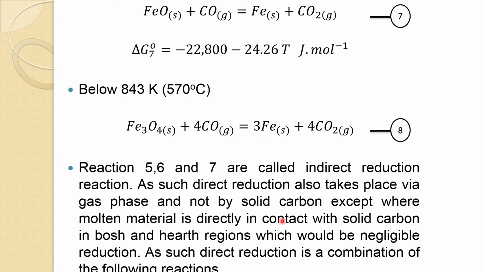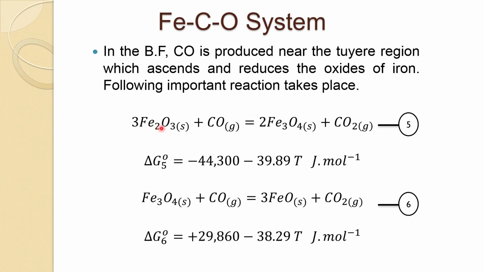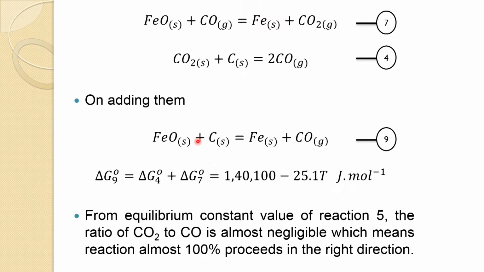So, this is reaction 5, this hematite. In this reaction, the ratio of CO2 to CO is almost 100%, which means the reaction proceeds in the right direction and almost 100% gets completed.